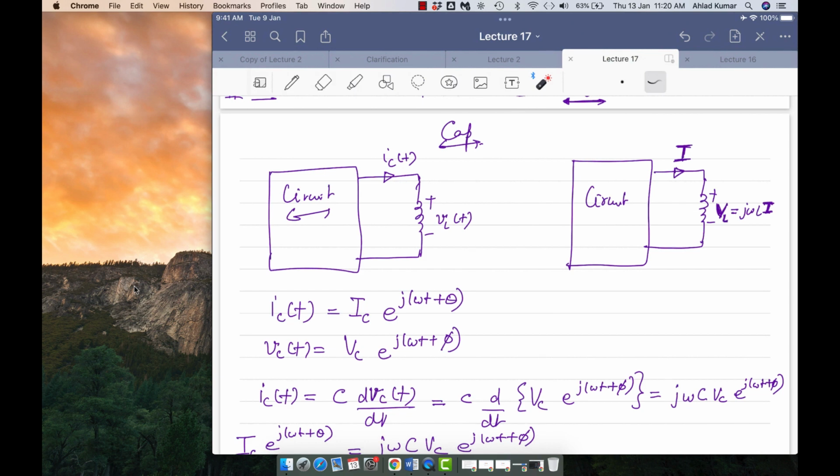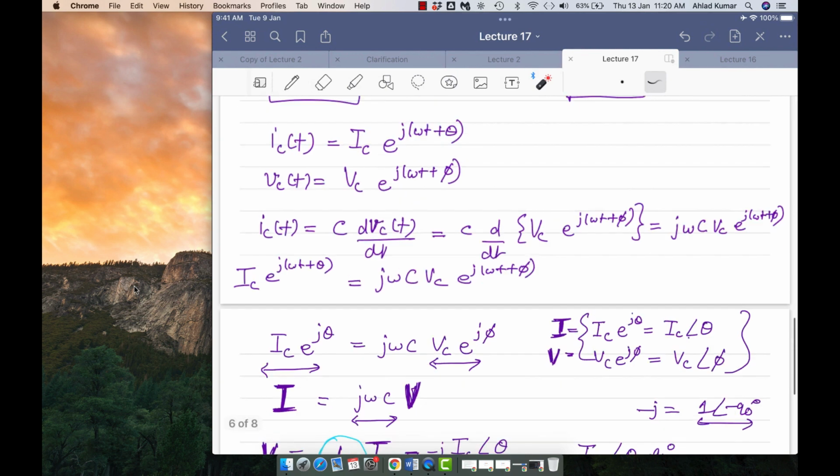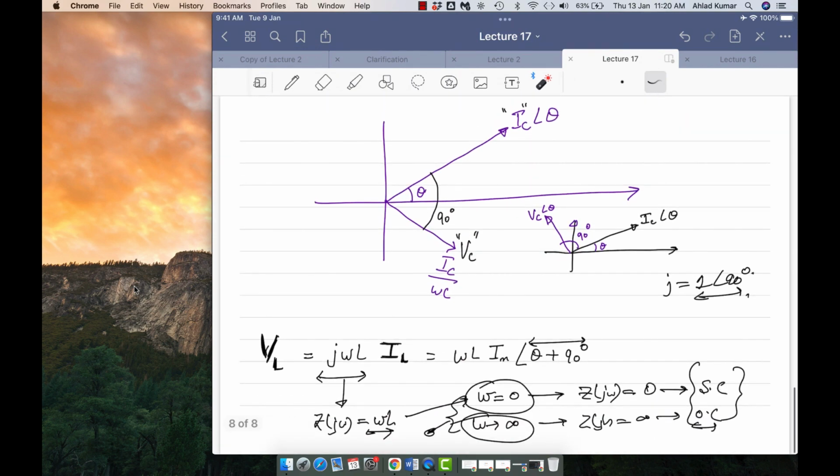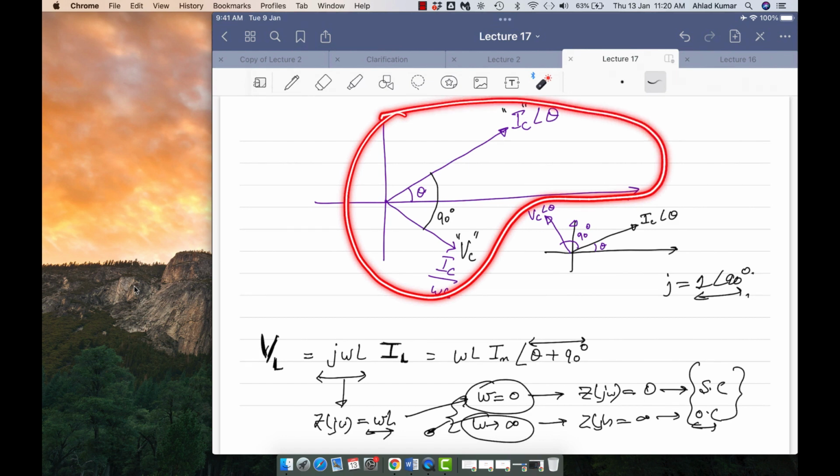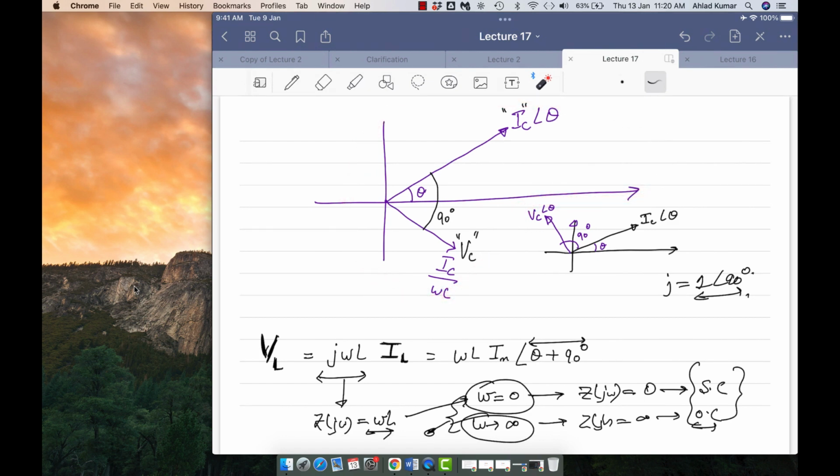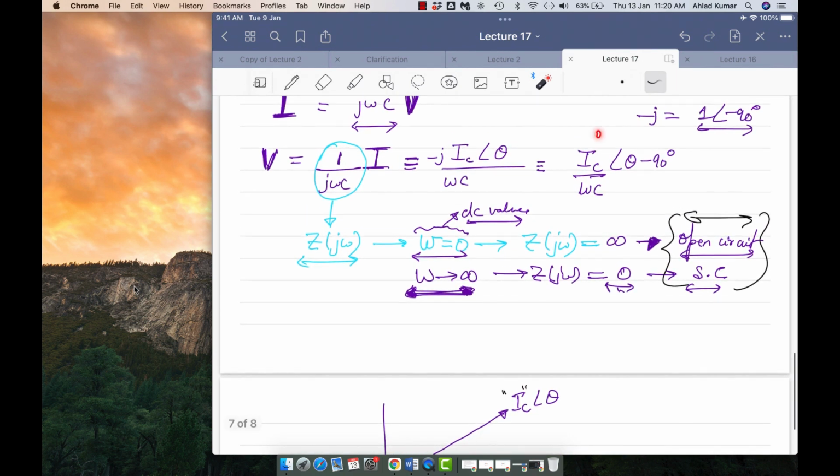Sir, can you once again explain the phasor diagram you drew, the 90-degree one? Okay, so this one you see here is for the case of the capacitor. If you go through this expression, the angle IC is making is theta only. But for the voltage, it is theta minus 90 degrees.